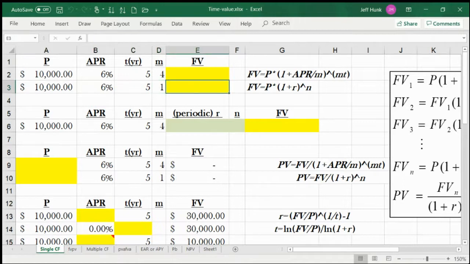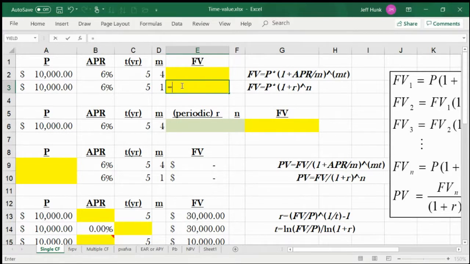And in that case, the future value equals, right? Logically, this is the cell where future value must go in.